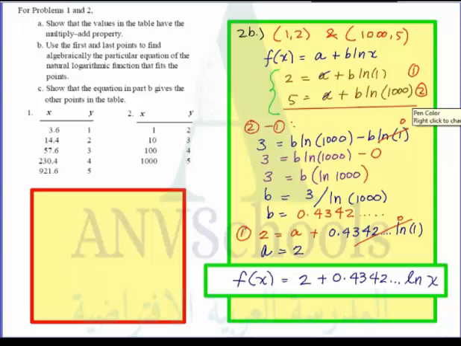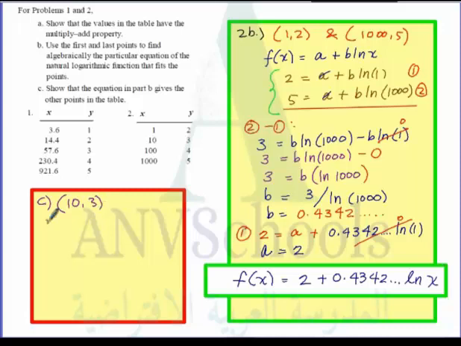If this equation doesn't work, then there is something wrong, or we did some mistakes in other steps. Let us say I get the second point, 10 and 3. So if my x is 10, my y is 3.